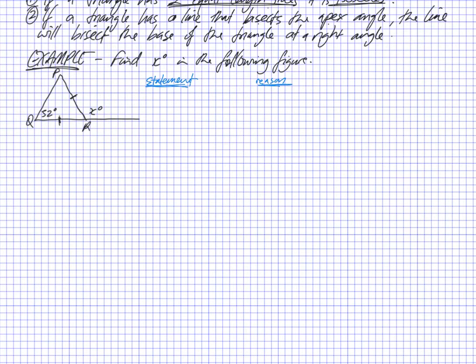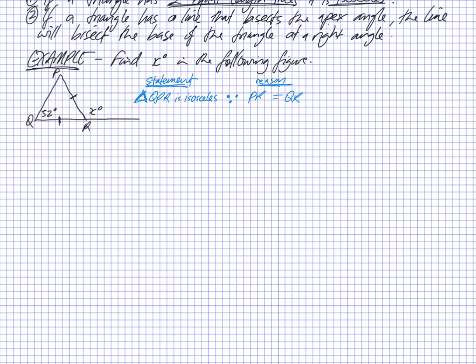So firstly, I'm going to say that QPR is isosceles. Why? Because PR is equal to QR. So firstly, I'm saying that QPR is isosceles because I know that side PR is the same length as side QR.